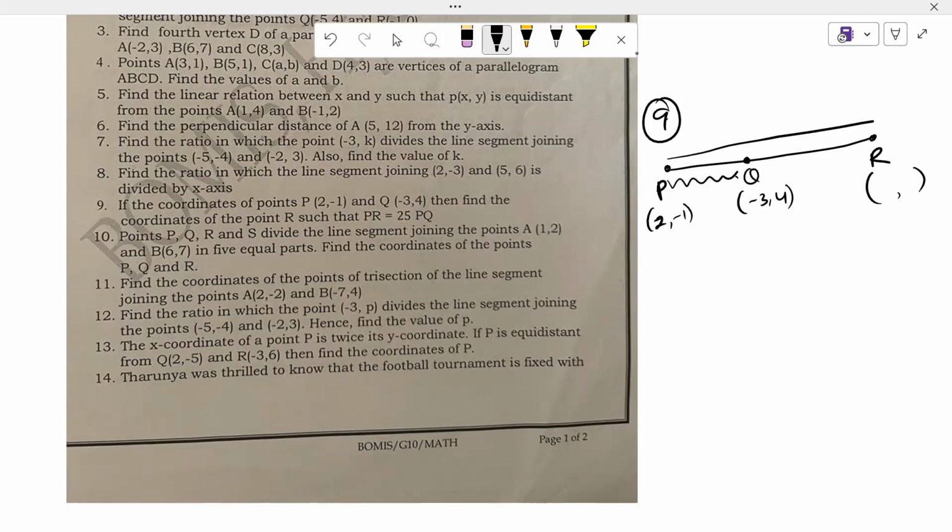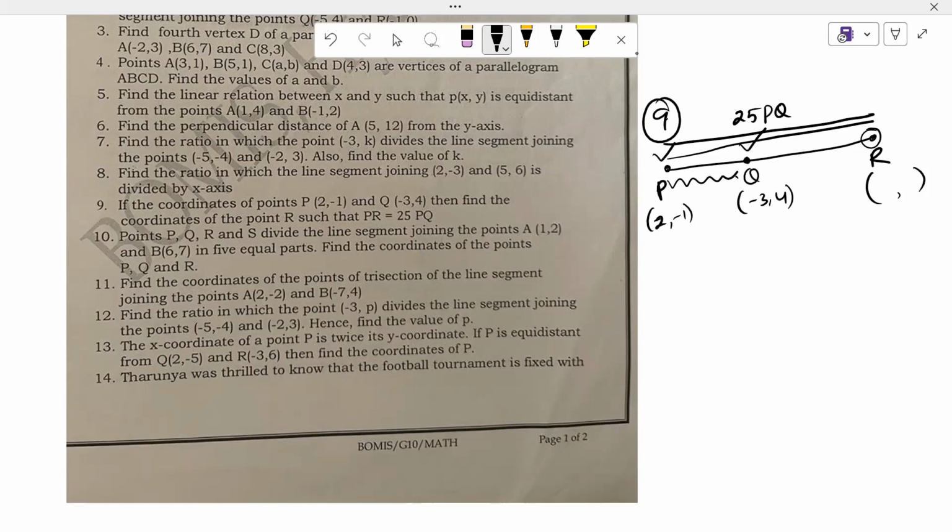So this is a section formula, but here R is outside the 2 points. Actually the points are P and Q, but now R is an outside point, so we have to find R. And what he's saying is PR is 25 times PQ.